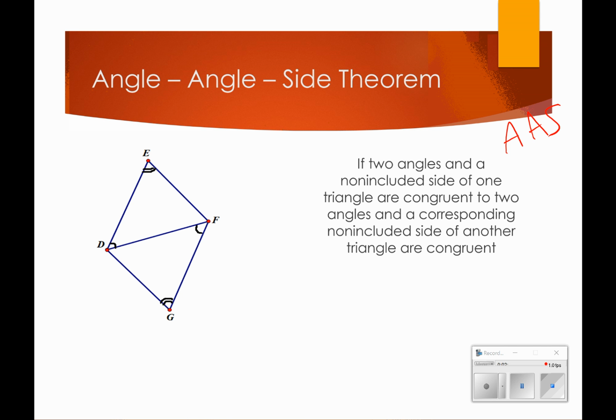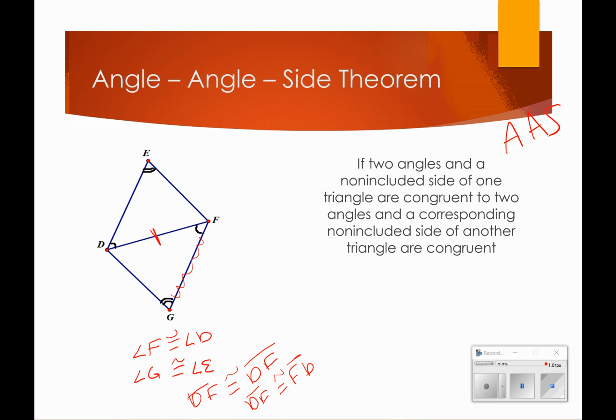So I've got angle F congruent to angle D, and I have angle G congruent to angle E. Now this time we don't want the side included, so we don't want this side that's between them. We want the non-included one. In this diagram, I've got DF congruent to itself, and that would be my non-included side. So DF would be congruent to DF, or better yet, if we just flipped it around to FD.